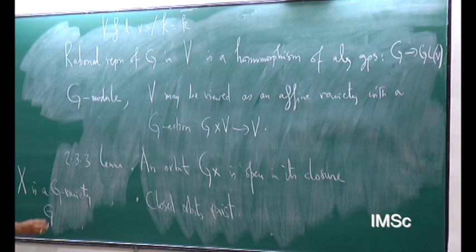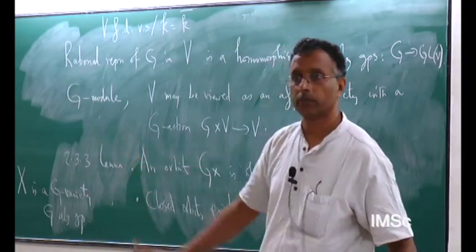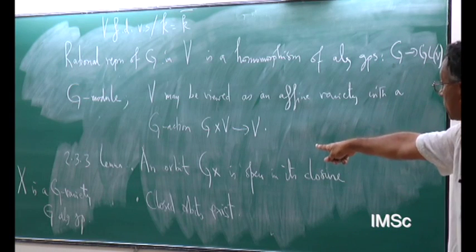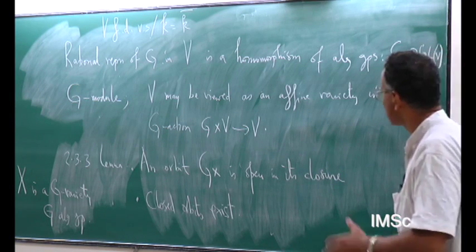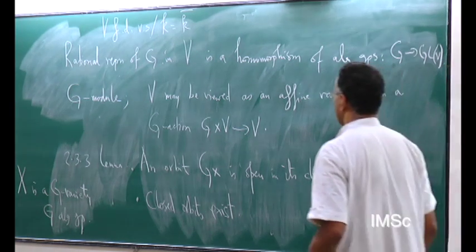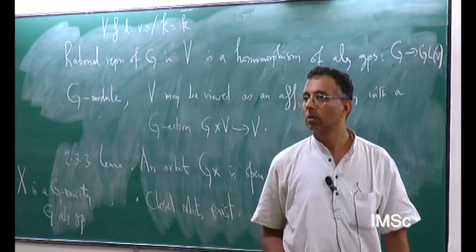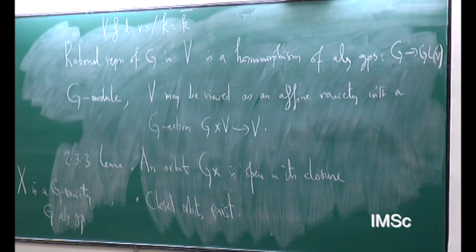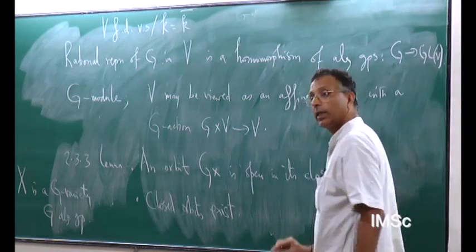The assumption on G is that it is an algebraic group, not assumed affine. Note, for this lemma, G is just an algebraic group. Okay. So let's prove this, or rather indicate the proof. I'll write the proof informally here.